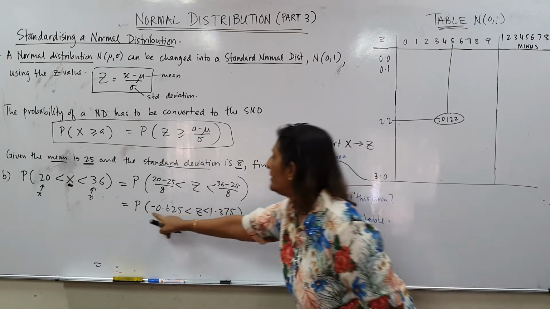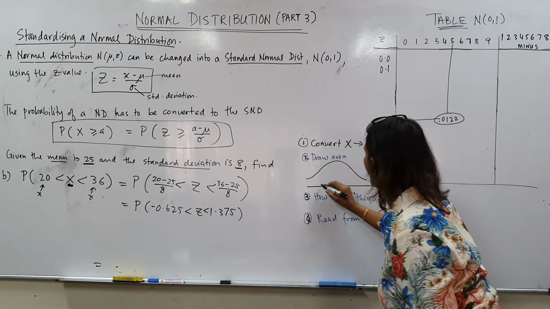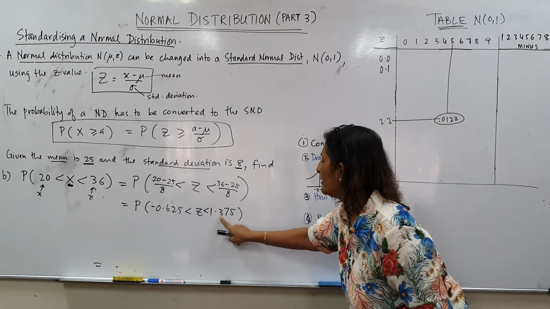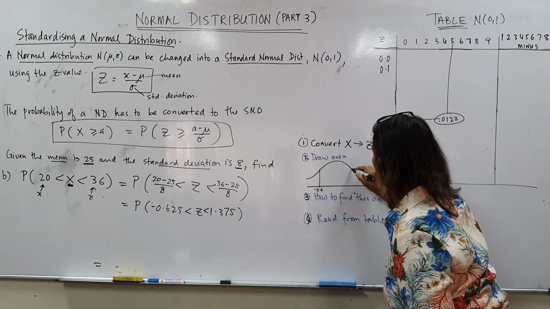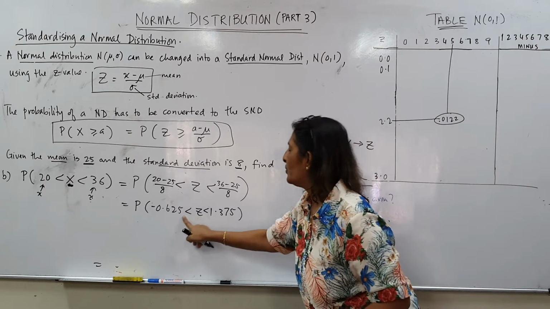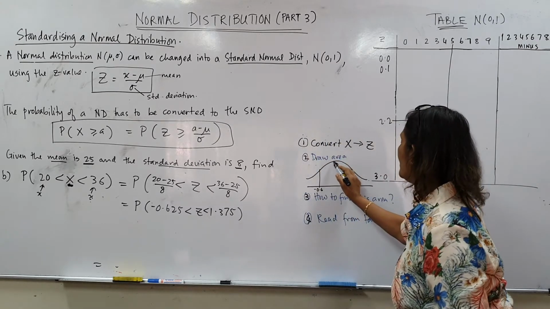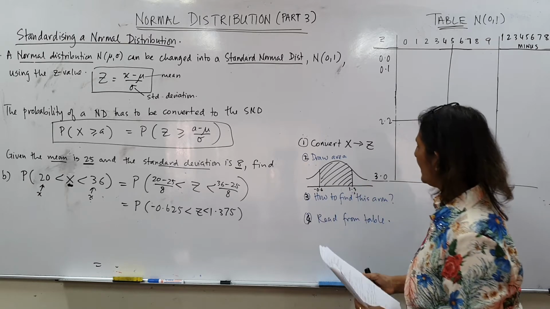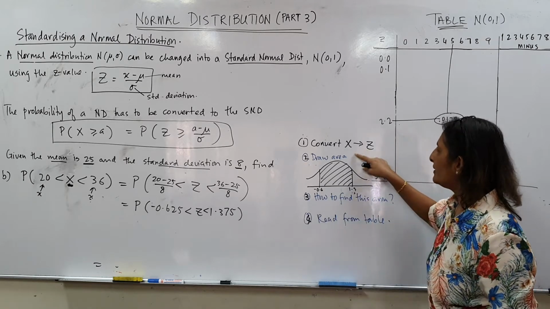So we have negative 0.6, which is somewhere this side. Okay, and 1.375, which is somewhere here. Alright, and the area is between them, therefore we shade the area between them. Okay, done. So step 1 done, step 2 done.